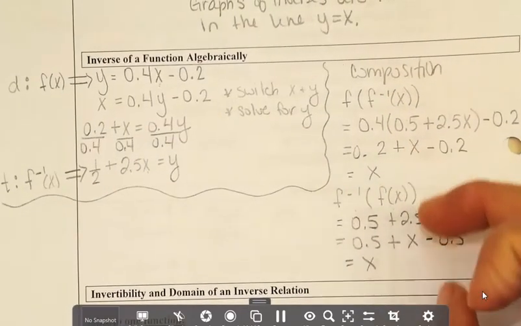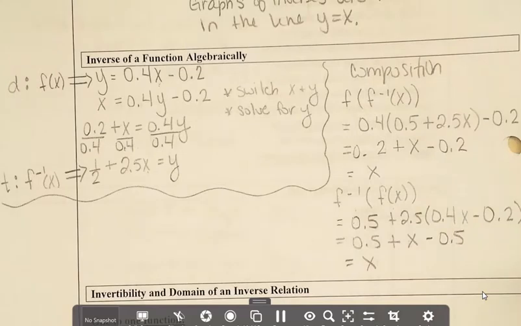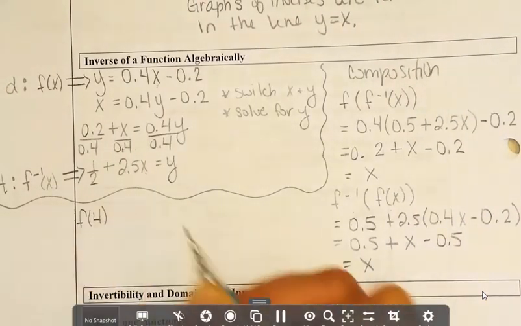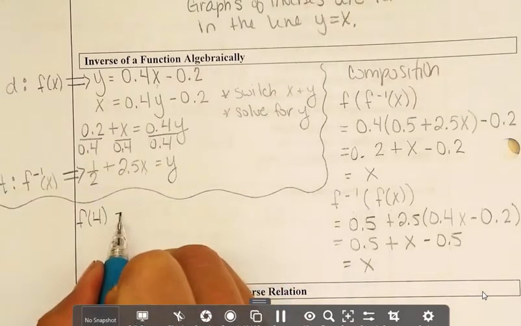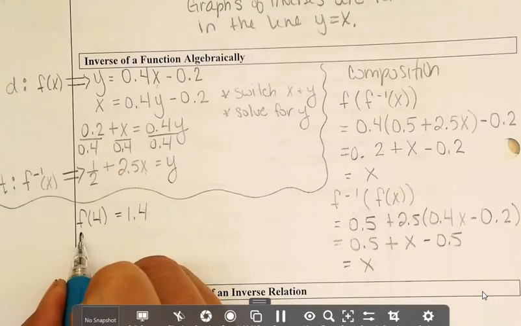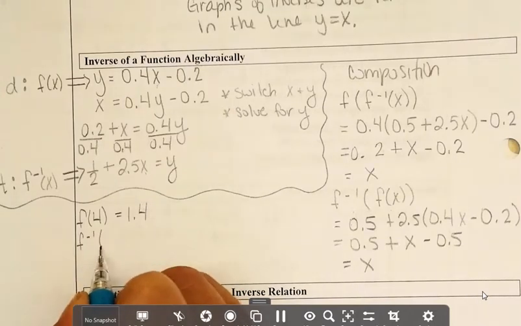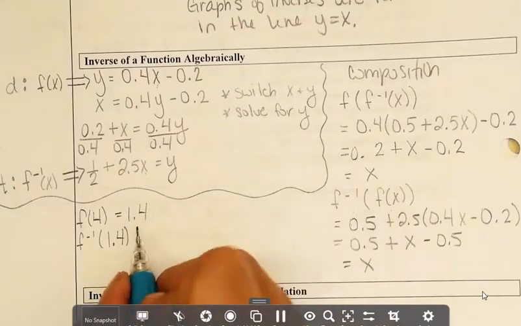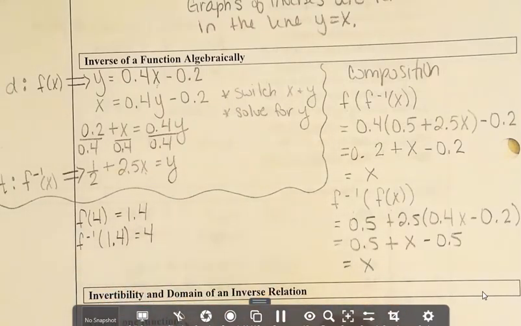So for example, we can go back to our table and look at this. When I had 4 being plugged in to my original function, I got 1.4 out. Well, when I took the inverse function or relation and plugged 1.4 into it, I got 4 out.